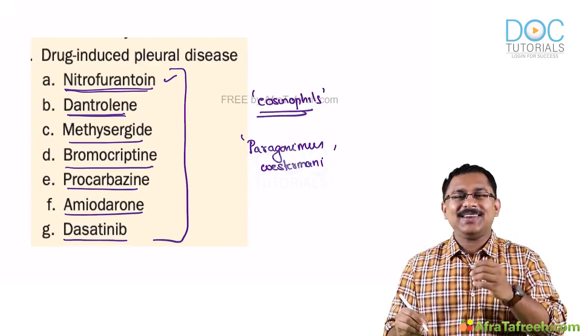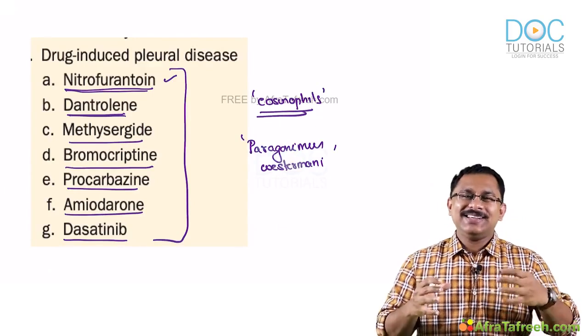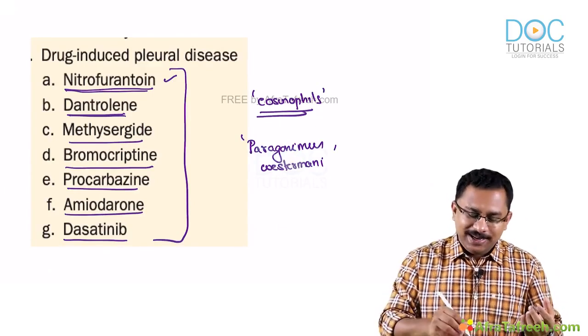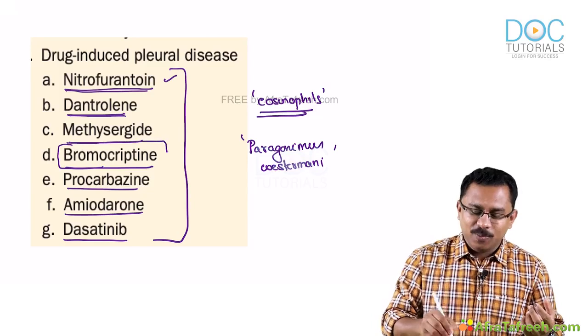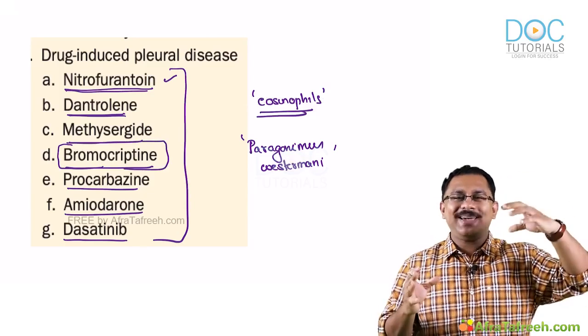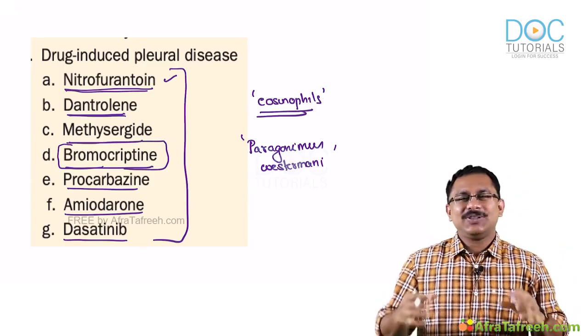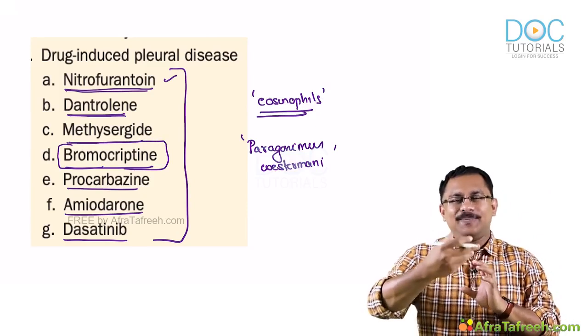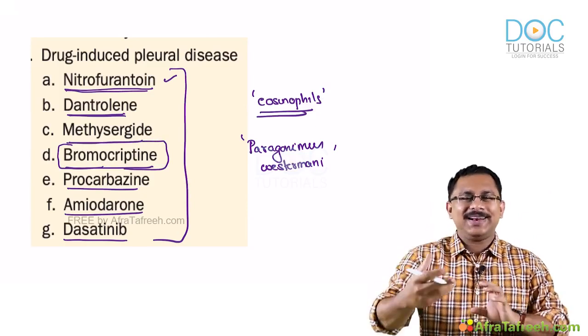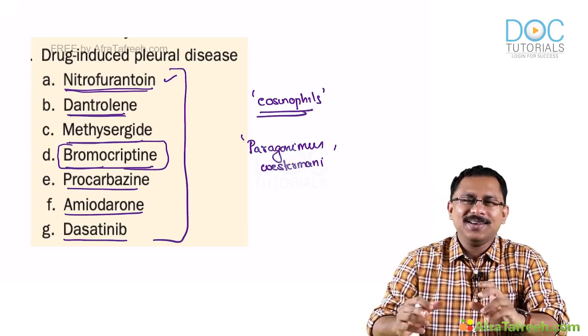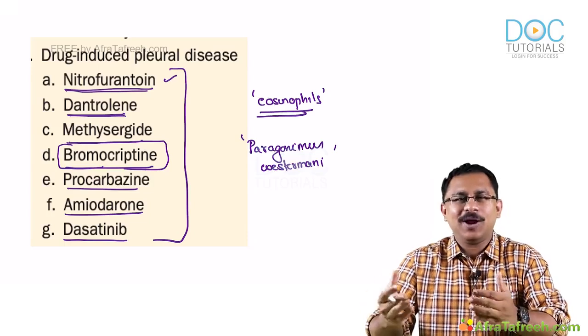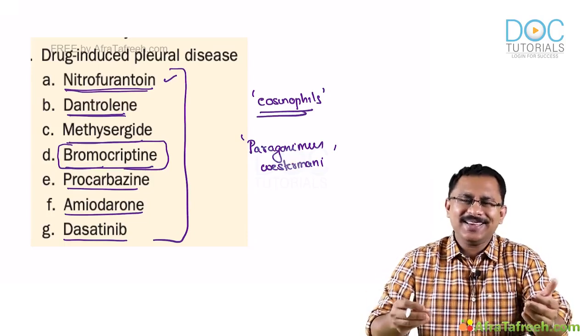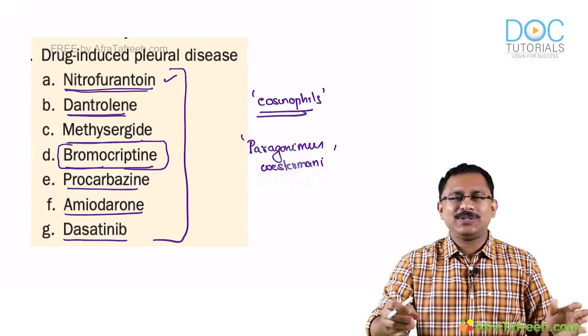It is likely that in your exam they may give a scenario of a patient taking some drug like bromocriptine. They might try to make it a lengthy question, saying the patient was on some drug like bromocriptine for maybe a pituitary adenoma, prolactinoma treatment, and then was found to have some effusion.